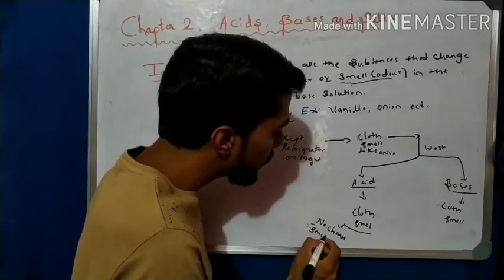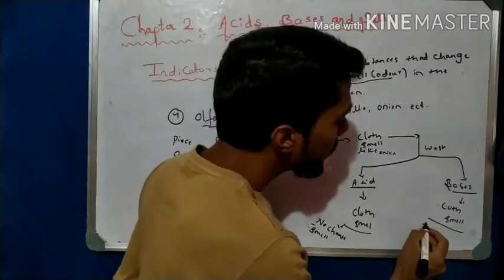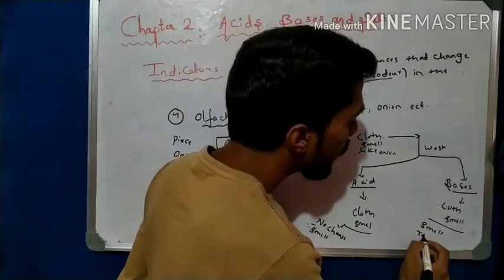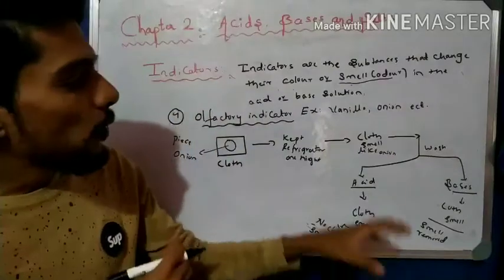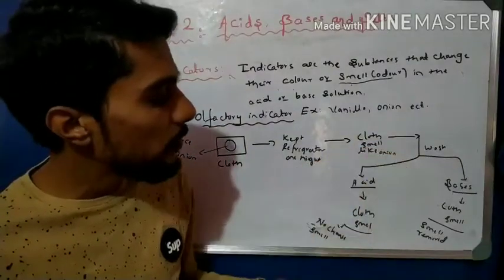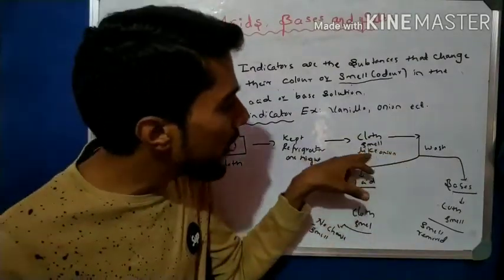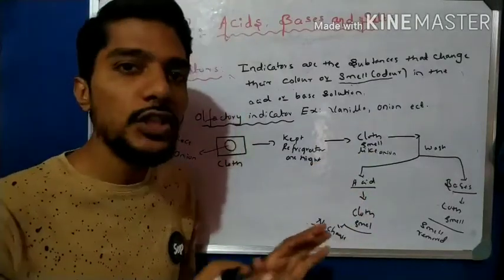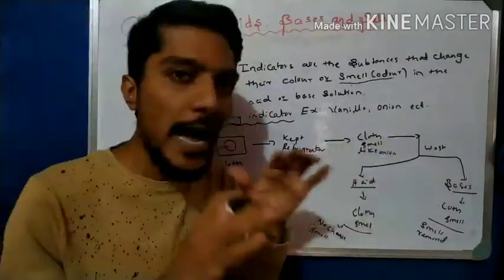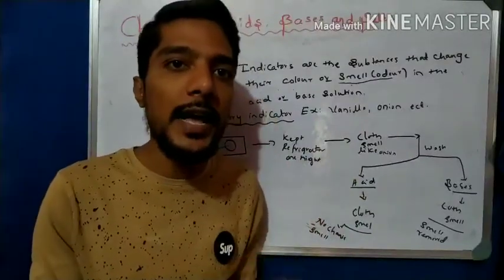No change in smell. But with the base, the smell is removed. After washing, you observe that when the onion cloth is washed in the acid solution there is no change in smell. The onion smell is as it is.